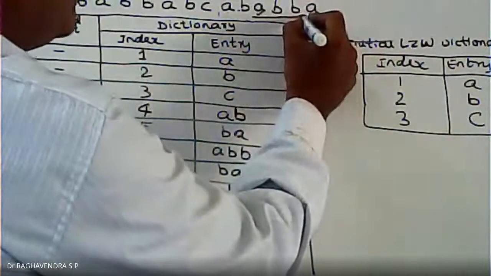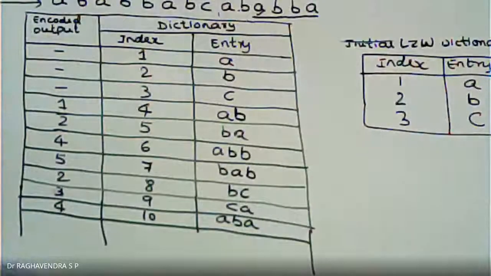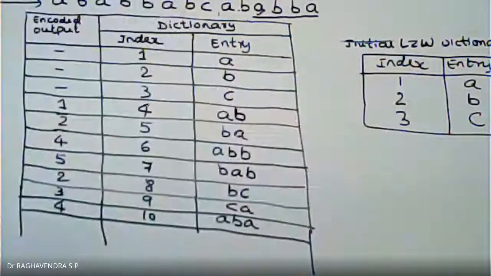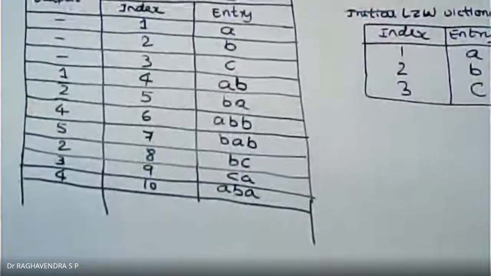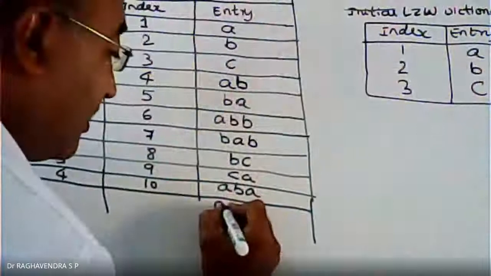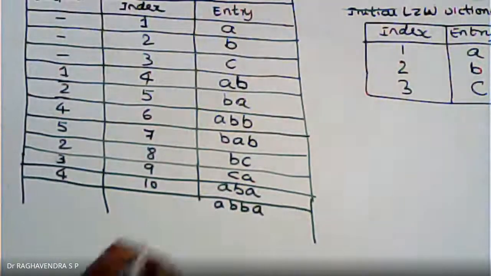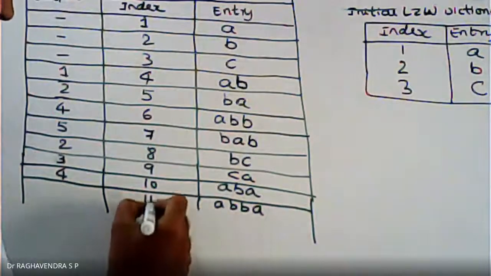We continue with ABBA. Does ABBA already exist? No, sir. So now we have to insert ABBA.